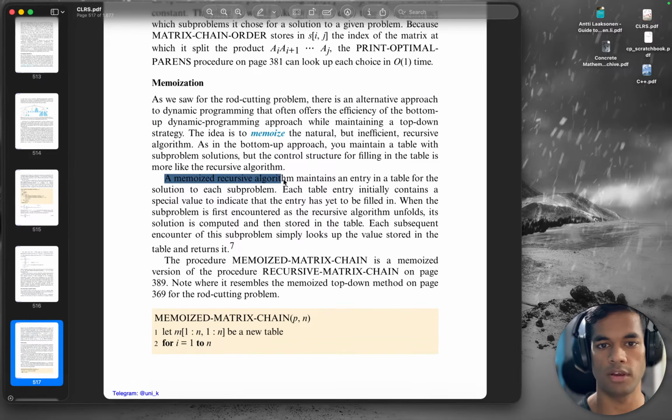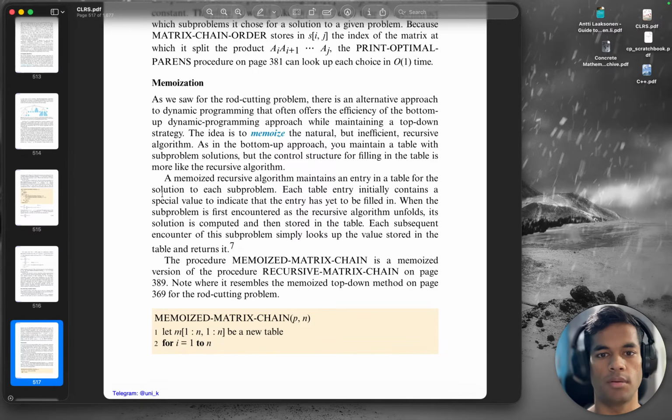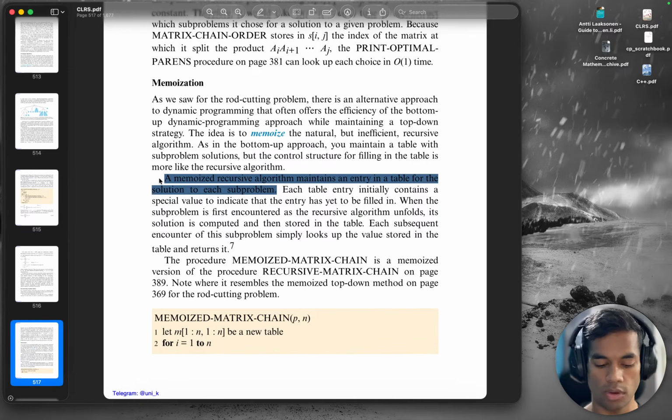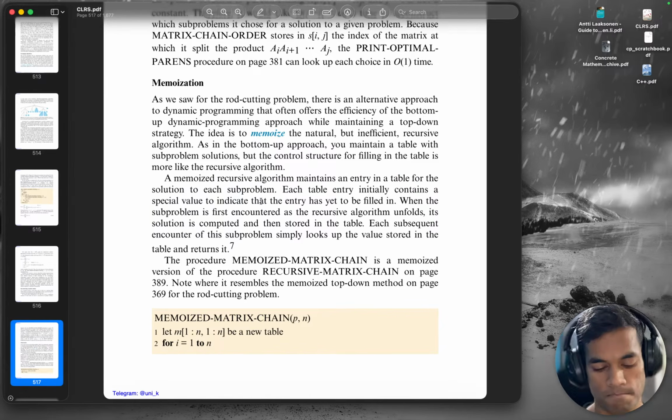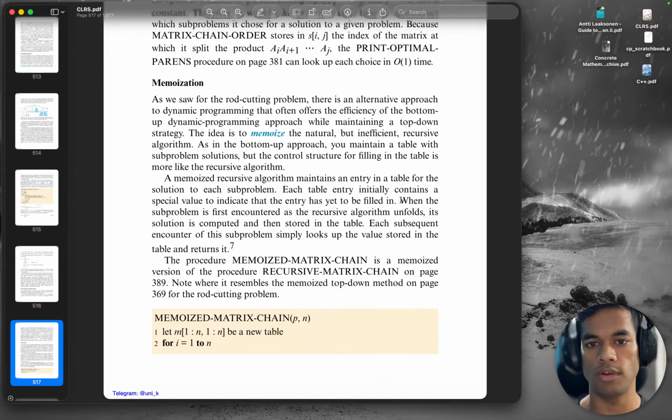A memoized recursive algorithm maintains an entry in a table for the solution to each subproblem which has been solved. If it hasn't been solved, then we solve that subproblem and we update the table. Each table entry initially contains a special value to indicate that the entry has yet to be filled in.